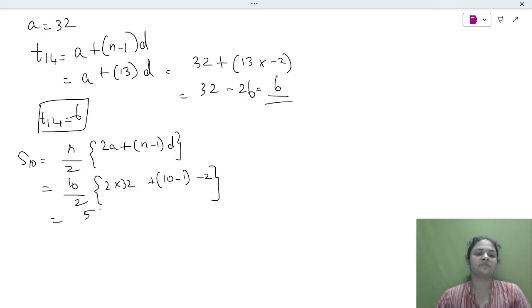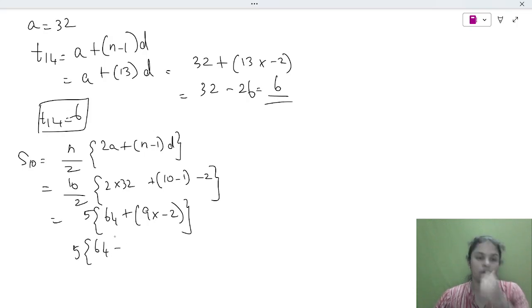So 10 by 2 is 5, 5 into (32 into 2, 64 plus 10 minus 1 into minus 2). So 10 minus 1 is 9 into minus 2. So plus into minus will become minus, 5 into (64 minus 18). So what is 64 minus 18? 46.